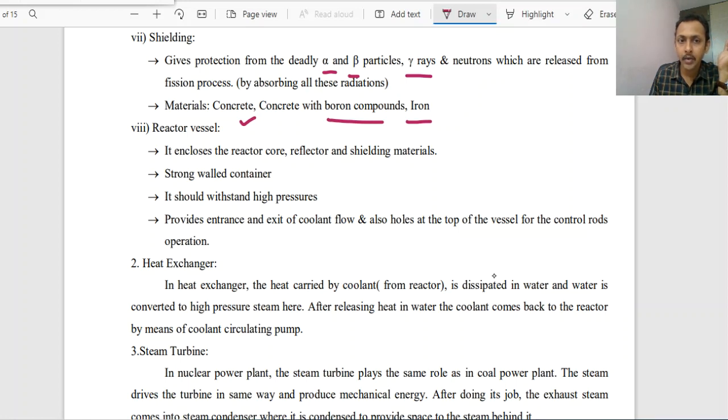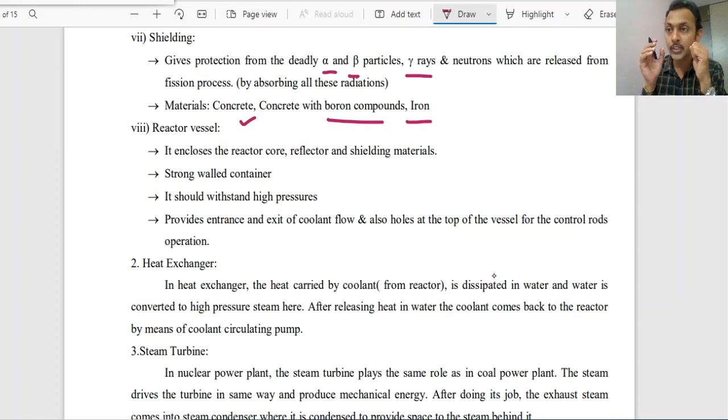Of course, the reactor vessel is going to enclose the reactor core, the reflector and the shielding materials, and it is a strong walled container, right?